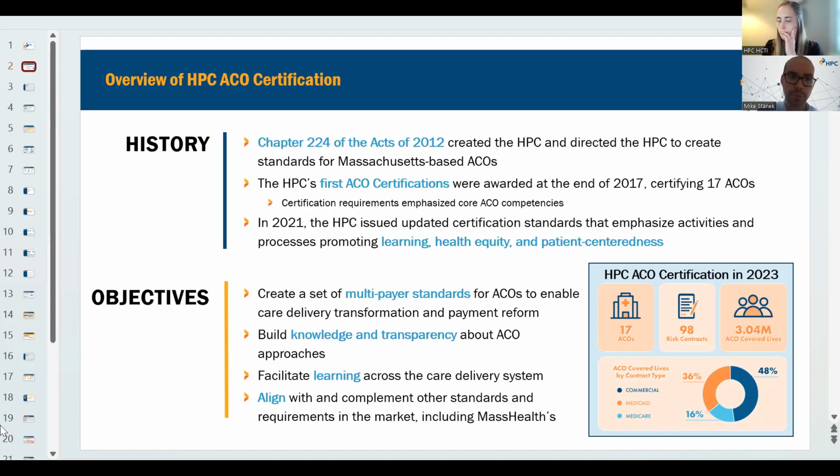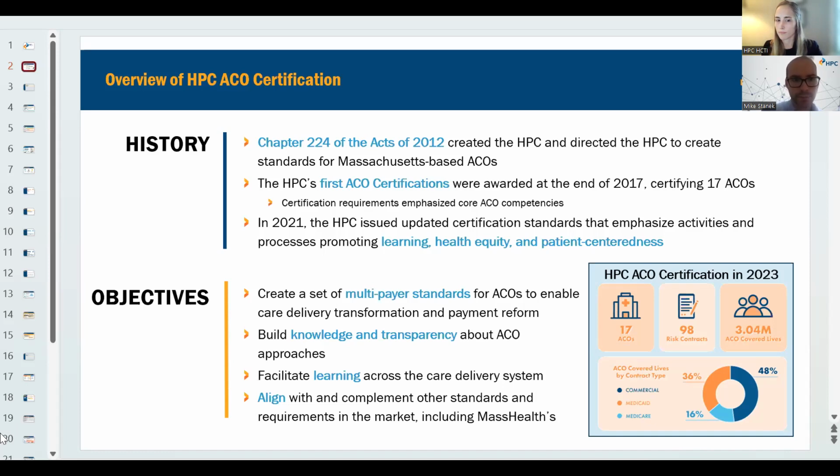2 years ago, we made our first substantive changes to the certification criteria, refocusing them on ensuring ACOs are positioned to learn from and iterate on their activities over time. Under what we call the Learning Equity and Patient-Centeredness, or LEAP standards, we built on our tradition of recognizing core competencies of ACOs to embrace the ACO model as a catalyst for learning and improvement among healthcare organizations.